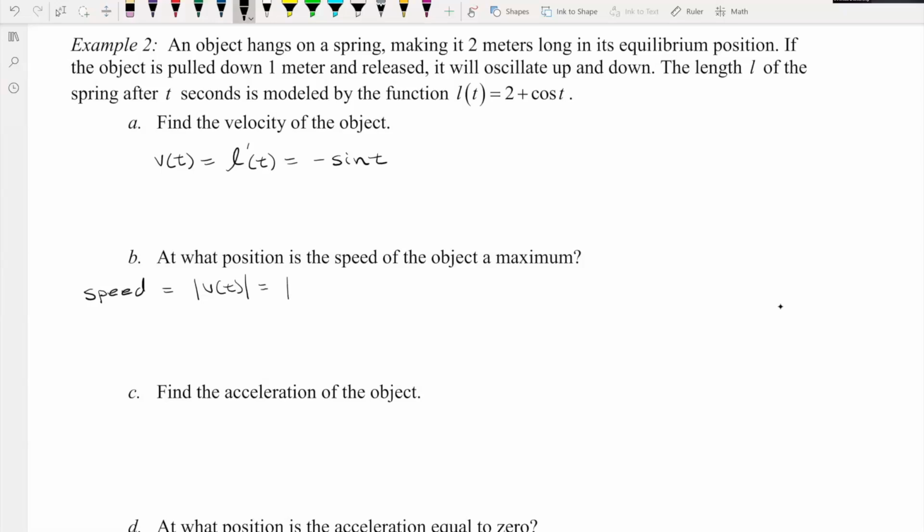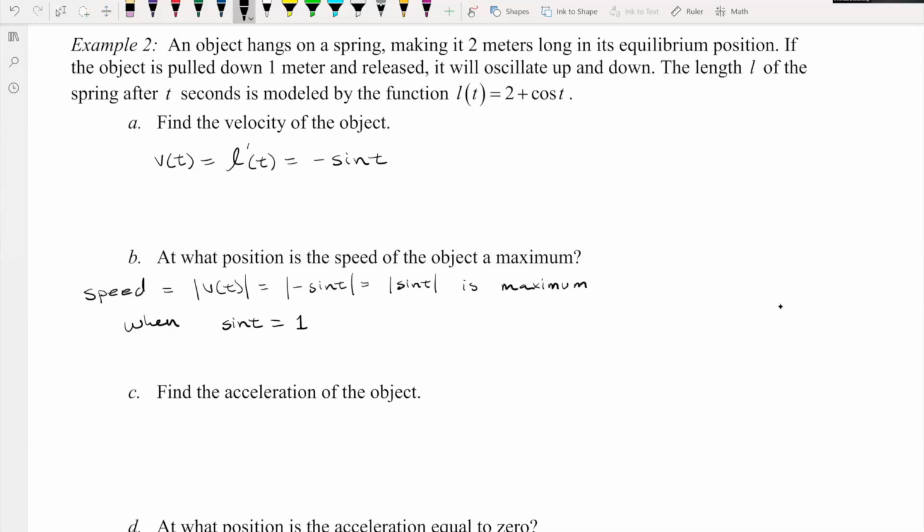So in this case, we get negative sine t in absolute value, which obviously is the same as just plain sine t. And that's going to be maximum. Well, you know that the greatest value of sine is 1 when sine t is equal to 1.